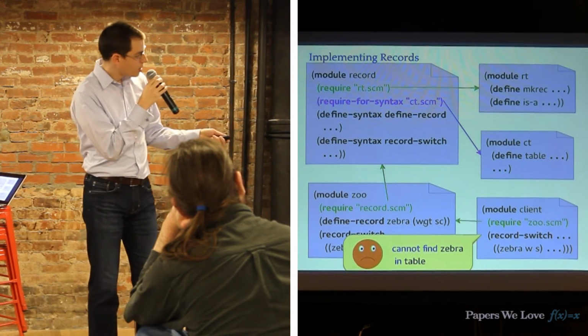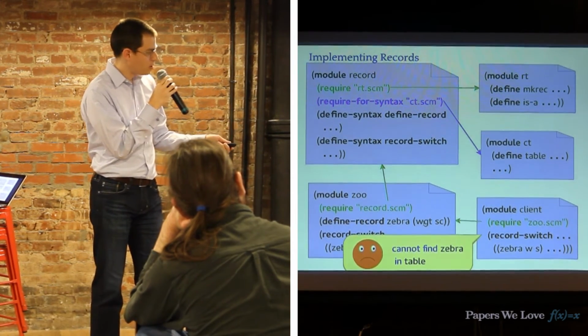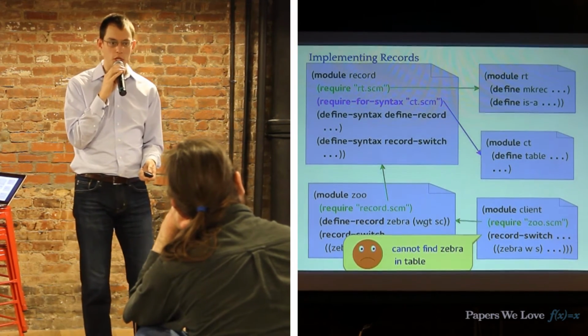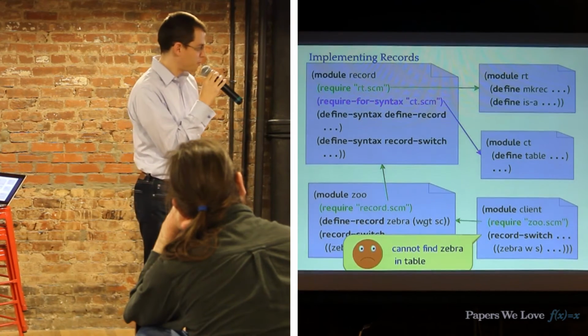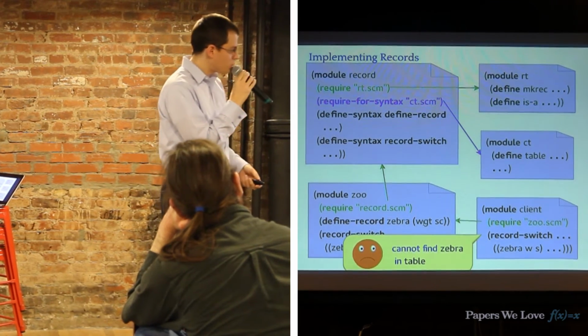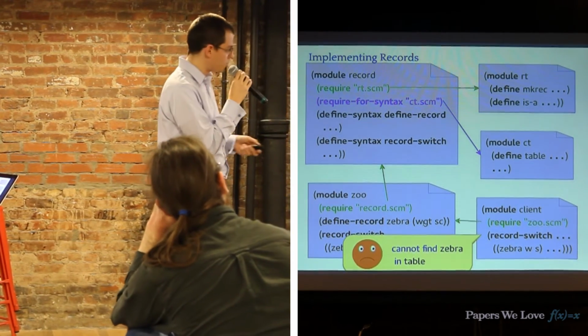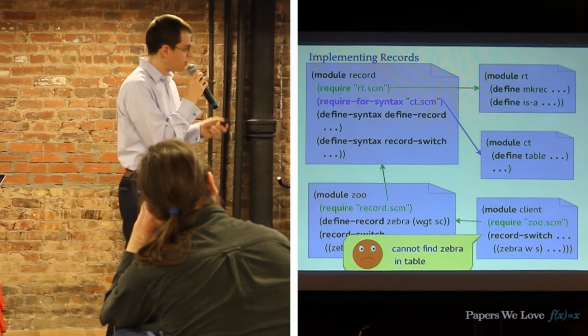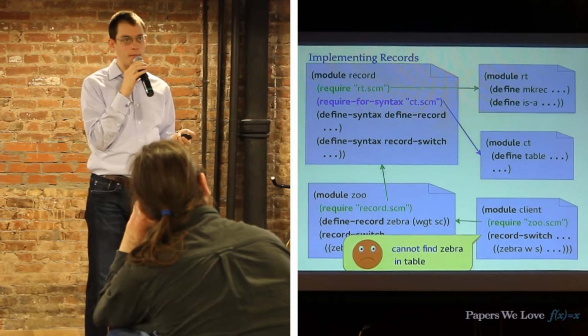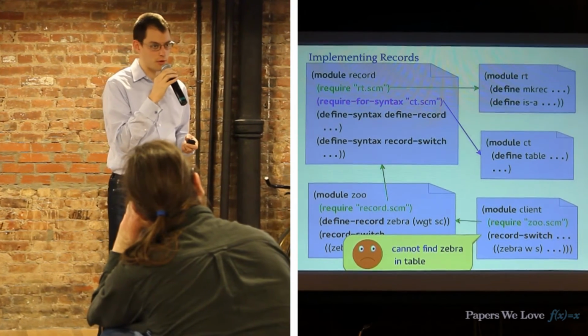But right here is a mutable hash table whose whole point was to be shared. So now we're stuck. If we didn't have a solution to this, we'd be out of luck, and we'd be unable to write these kinds of programs.